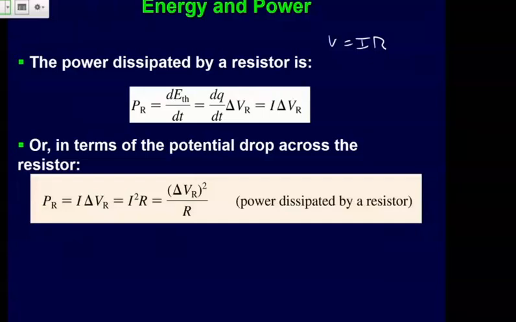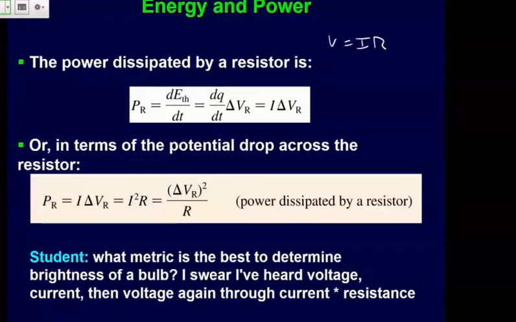So when you have this case and this case, if they're identical light bulbs, you know the R is the same, so you can mentally just forget about that in the equation and say, basically if I can tell which one has a bigger current, I know that's brighter, or if I can tell which one has a bigger voltage drop, I know that one's brighter.